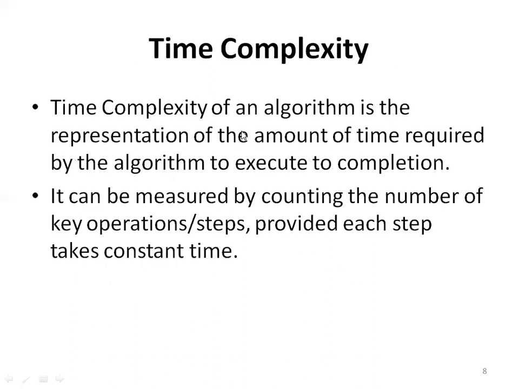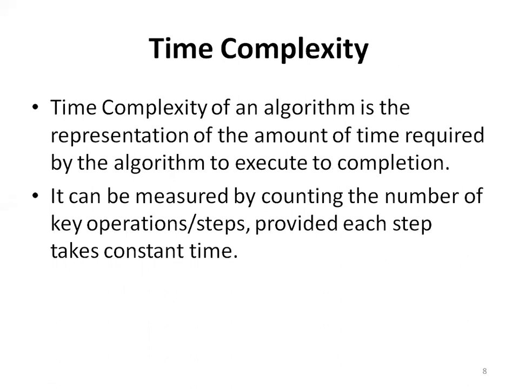Time complexity, as I discussed in the previous slide, is the time required by the algorithm to complete all the instructions of the algorithm. And how can we find the time complexity of the algorithm? By counting the number of steps or number of operations used in the algorithm, we can find the time complexity. So you first count the number of steps, and each step takes certain time.